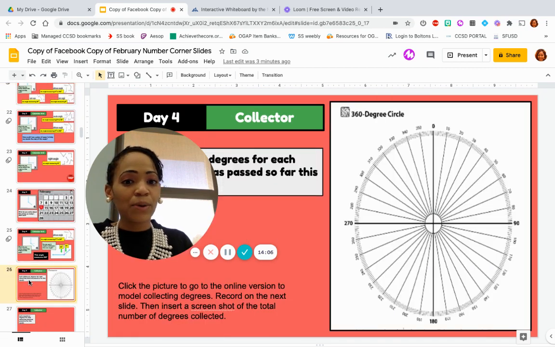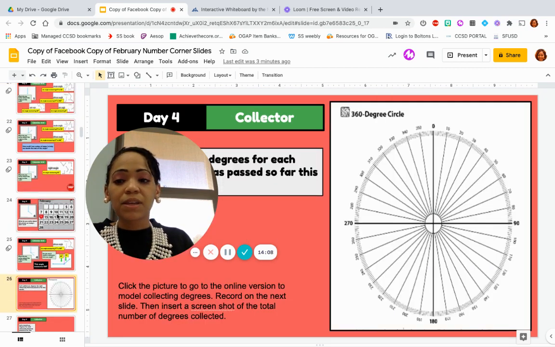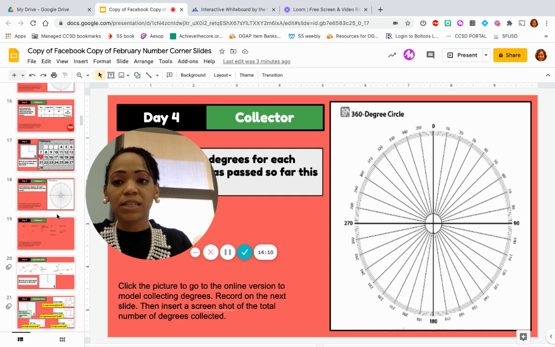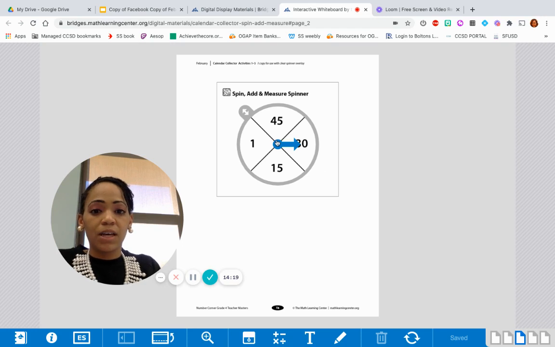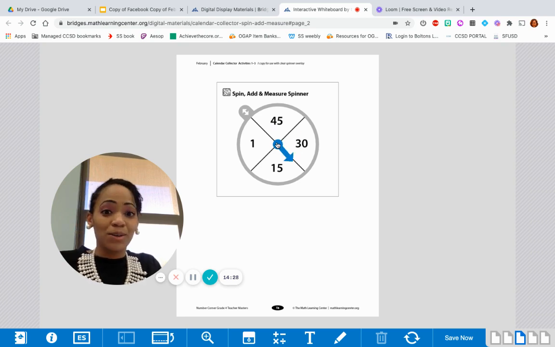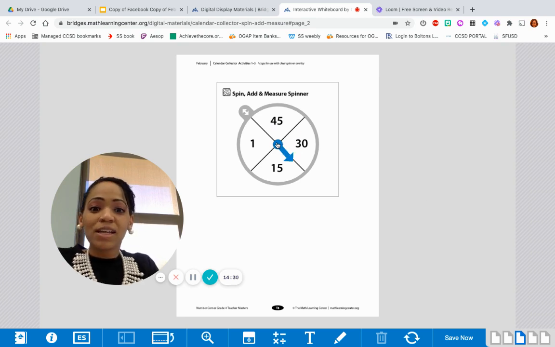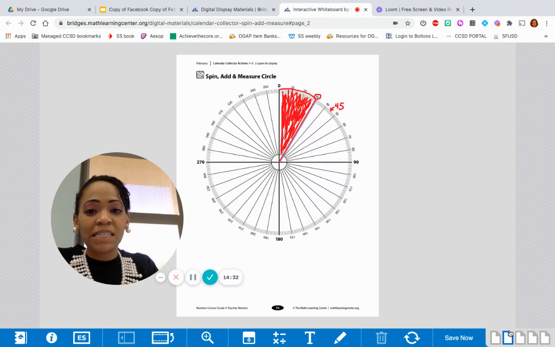The one other thing that we need to do today is to update our calendar collector. So every day for the month of February, we are collecting what? We are collecting angles. So let's collect our angle for the day. All right, I'm going to go ahead and spin. I think it's very fitting that we are collecting angles and then our calendar grid also has angles. Looks like today we are collecting 15 degrees.